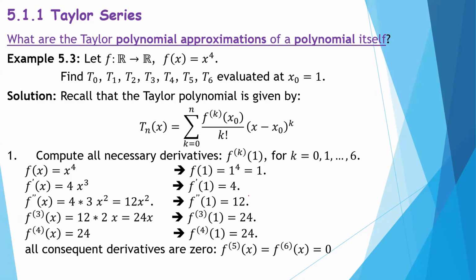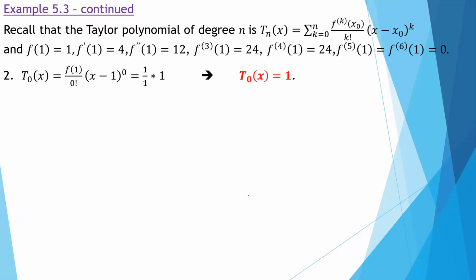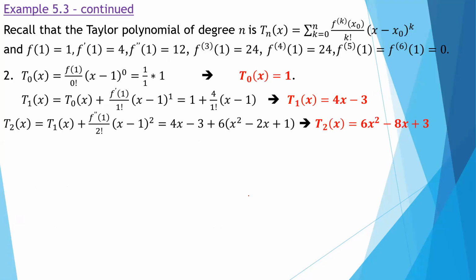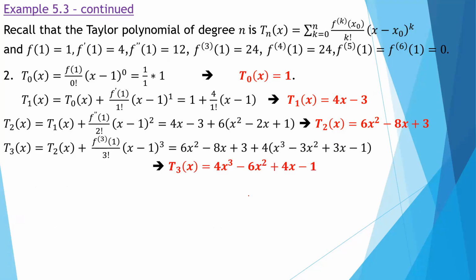And we notice also that this is T0 as we calculated it, T1, T2 after simplification, T3 after simplification. So this is approximating x^4 around x0 equal 1, in the neighborhood of the point x0 equal 1.